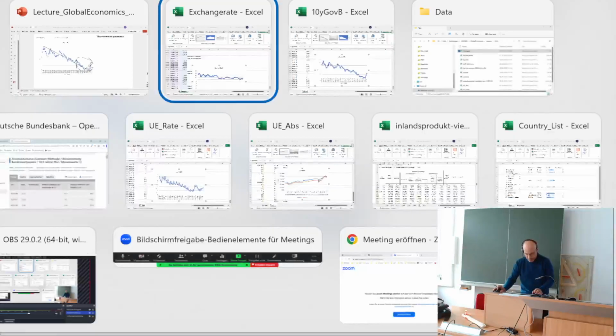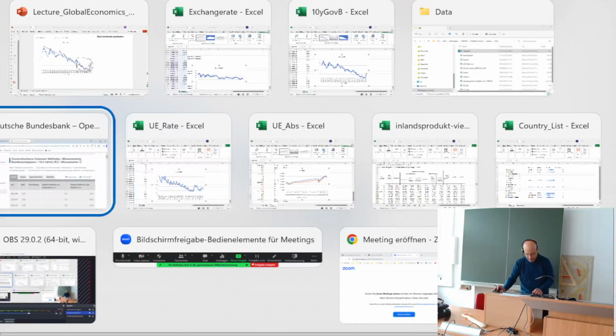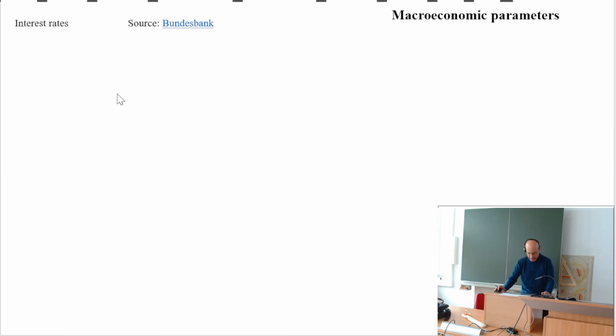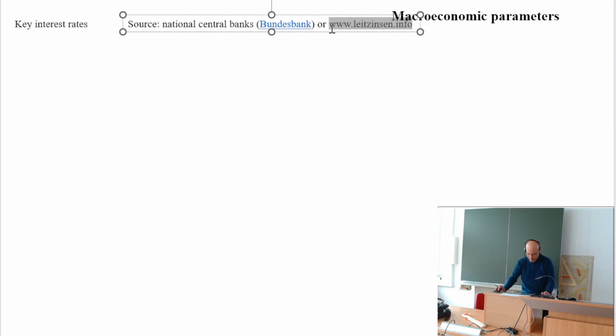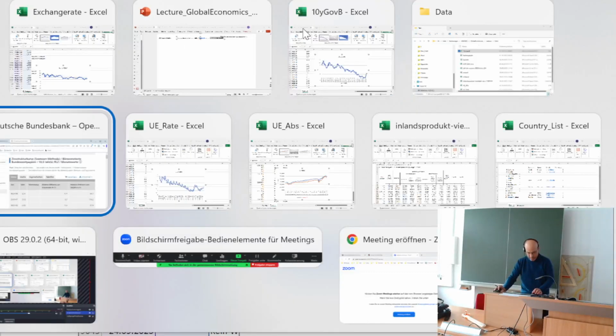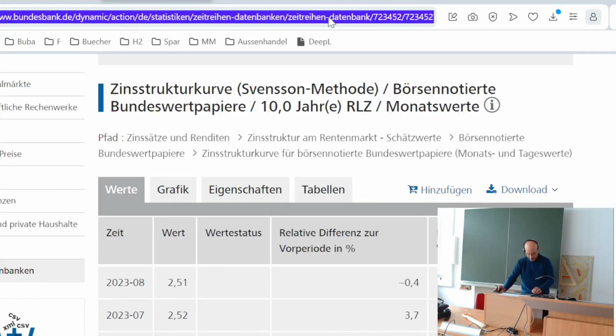What you can also do is to interpret this relative to the key interest rates of your country, and therefore an international comparison. This is quite a good source.